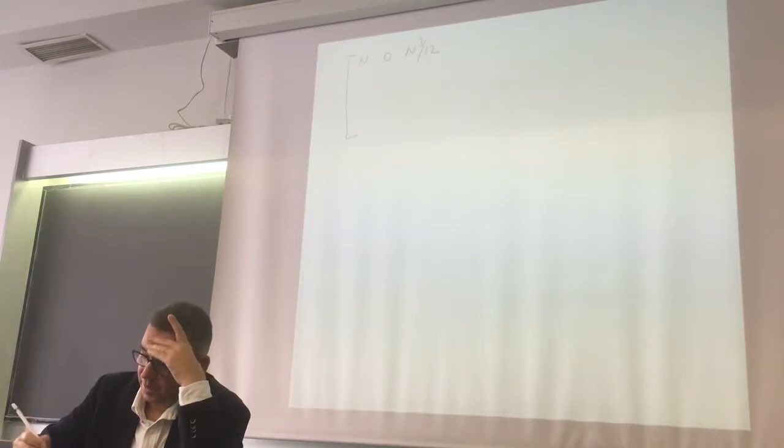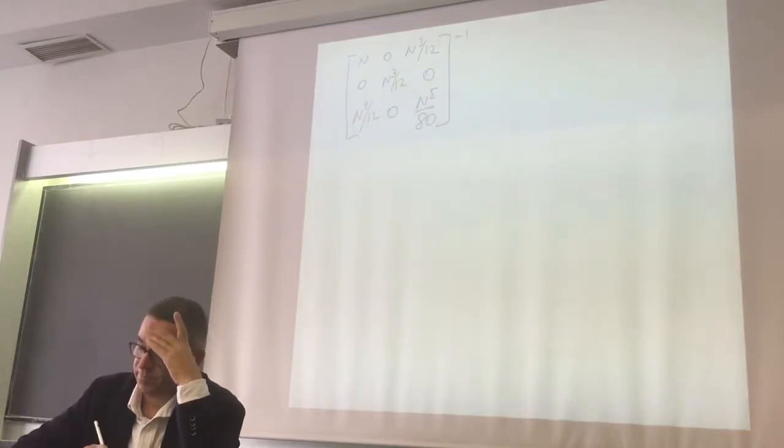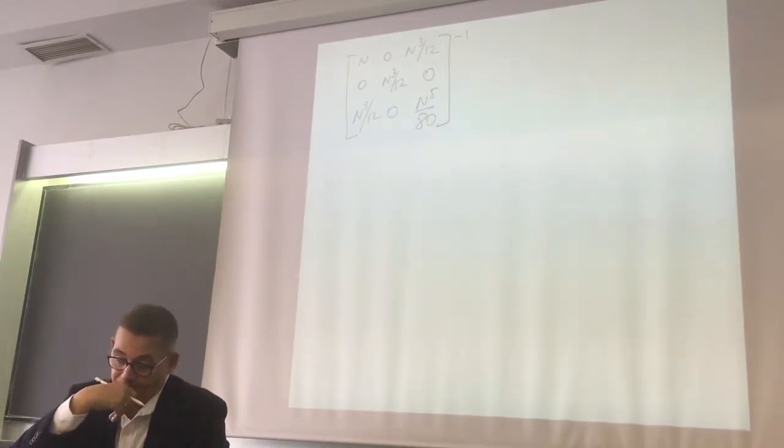So I copy simply n cubic divided by 12, n cubic divided by 12, 0, 0, and then that is n to the fifth divided by 80. Everything to the minus 1.